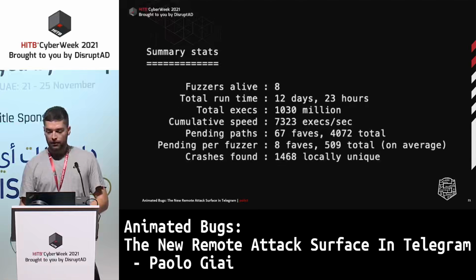Last but not least, coverage at the end of my research was around 90%, so I was pretty happy with it. So I didn't really put additional effort after the structure-aware fuzzing that we will see later.